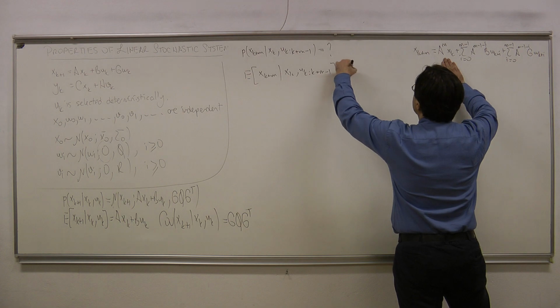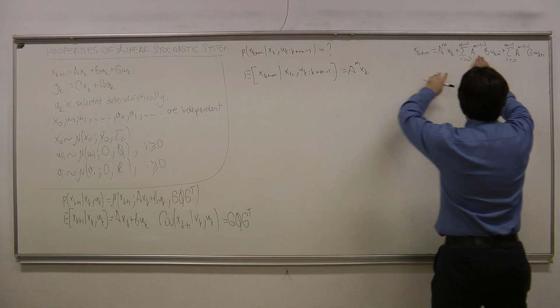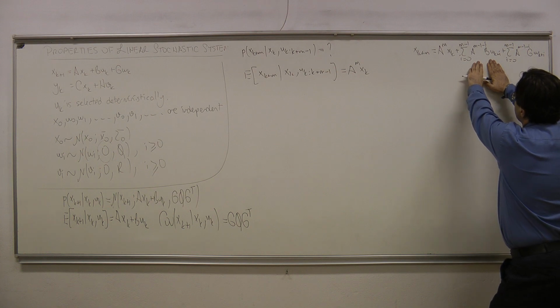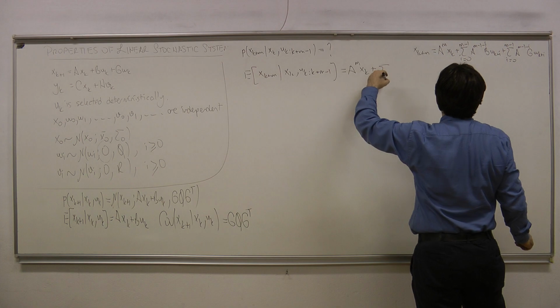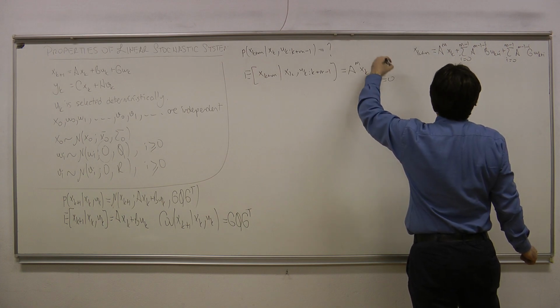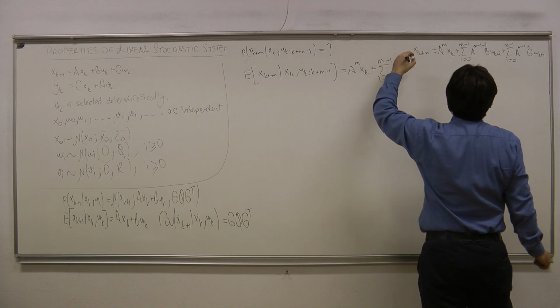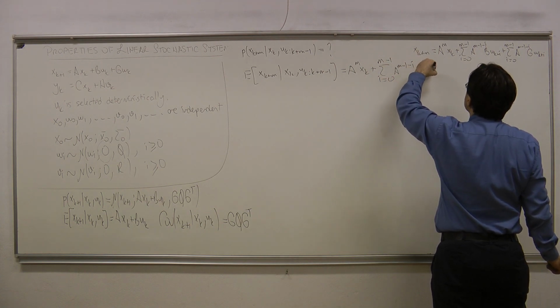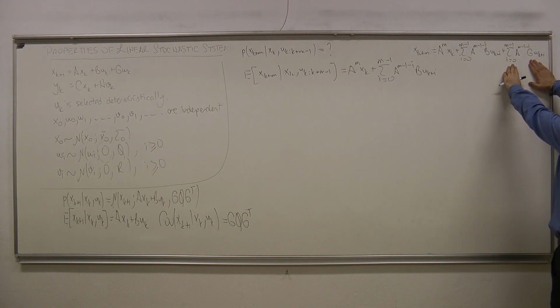It's going to be A to the m x_k, because x_k is given to me. And all of these inputs here are given to me. That means that the expected value of these terms would be just this, the sum of A to the m-1-i B u_{k+i}, and the expected value of these noise terms.